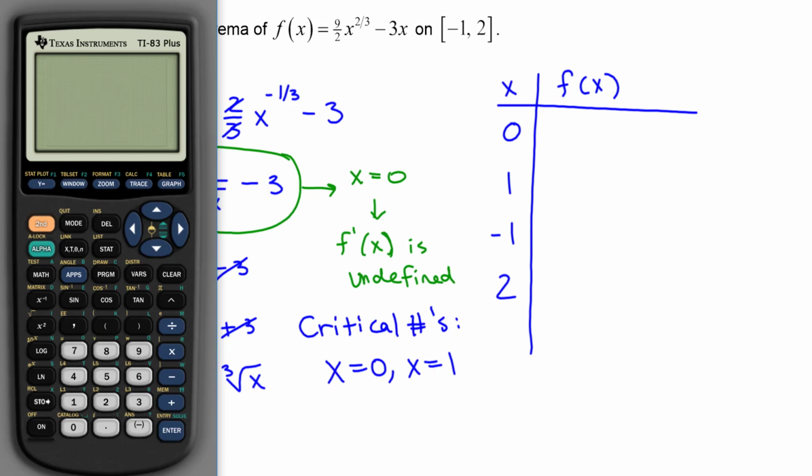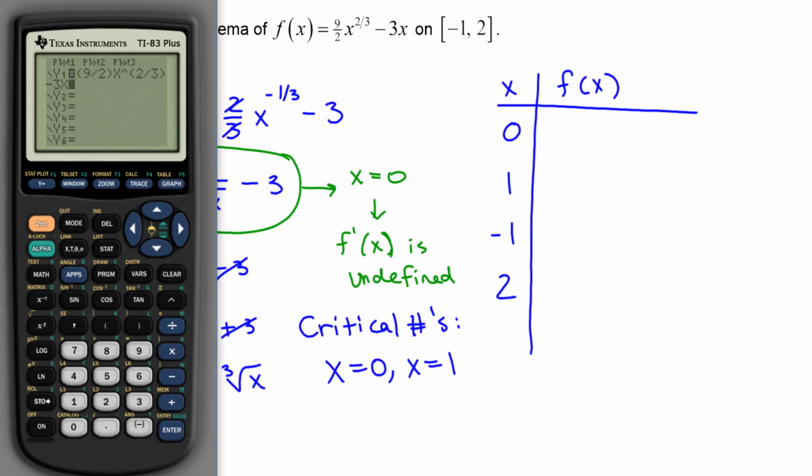So I'll put it in for y1. So I have 9/2 x to the 2/3 power. And you really can type in x raised to the, you have to have parentheses, but then do 2/3, that's fine, minus 3x.